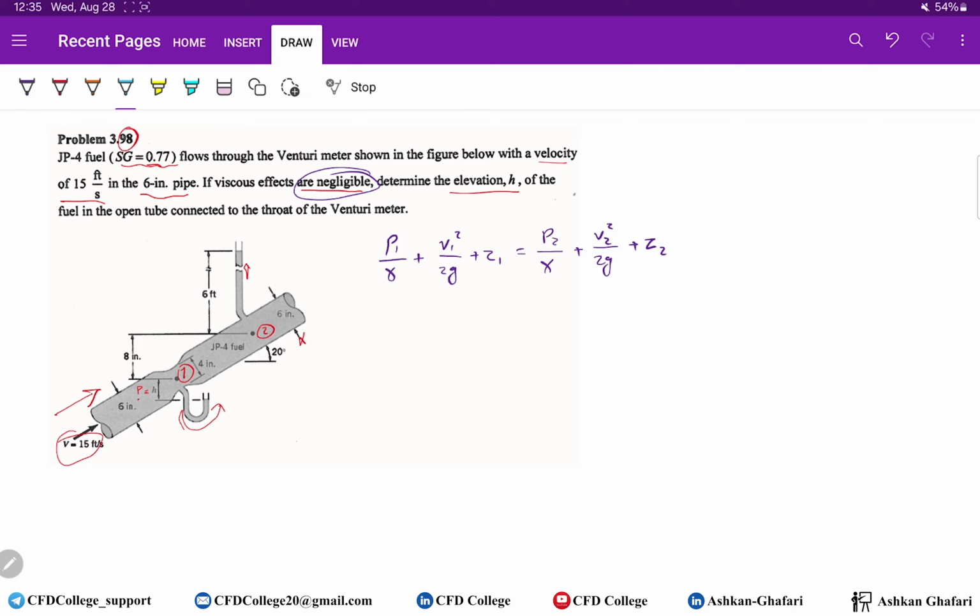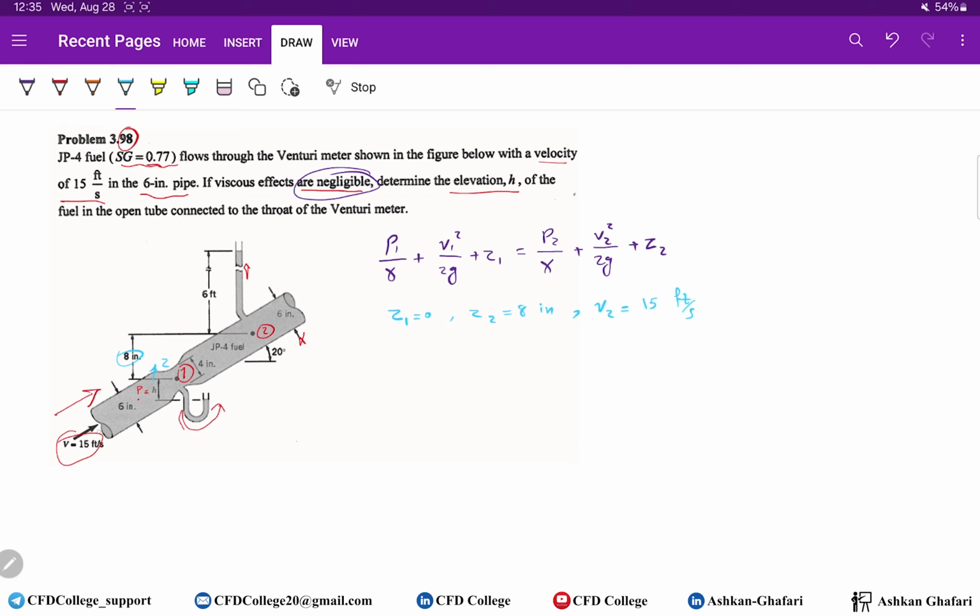Let's examine what we know. Okay, if we put the axis here, Z1 equals 0 while Z2 equals 8 inches. What else do we know? We know the velocity at point 1 is 15 feet per second.